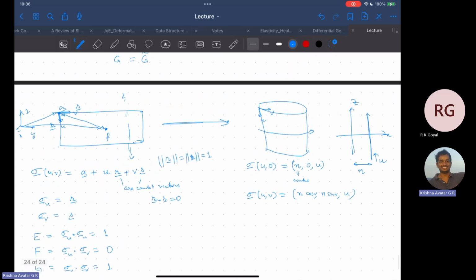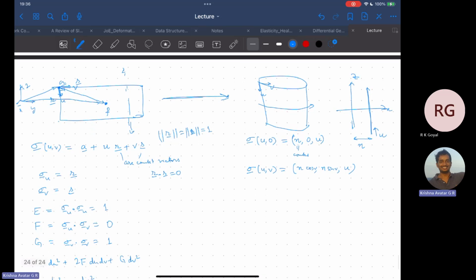Fine. Now let's look at our cylinder case. So sigma u is given by (0, 0, 1), because n is not dependent on u, and cosine v is also not dependent on u. Fine.